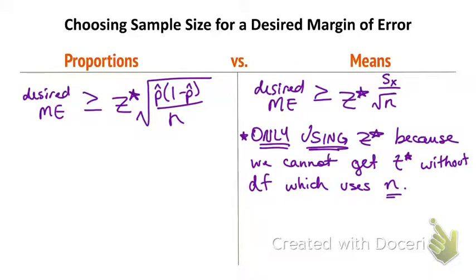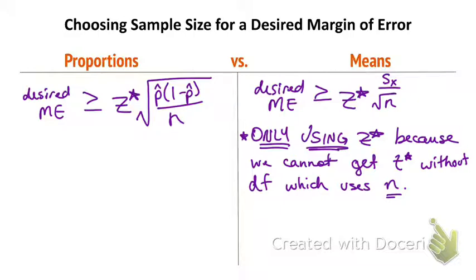So I'm kind of stuck there. I can't get a T star without n, but I'm trying to solve for what sample size to go take. So I have to use something. I'm just using Z star in this one situation for means, only because I have to estimate it with something. There's also another problem with this formula.